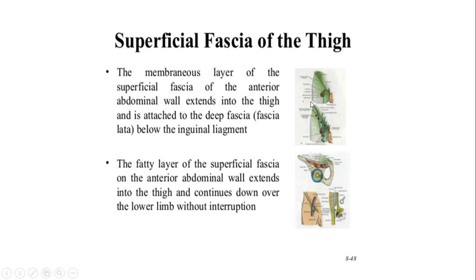The fatty layer of the superficial fascia of the anterior abdomen extends into the thigh and continues down over the lower limb without interruption. The membranous layer extends only up to below the inguinal ligament, where it fuses with the deep fascia. That is a very important point to remember.